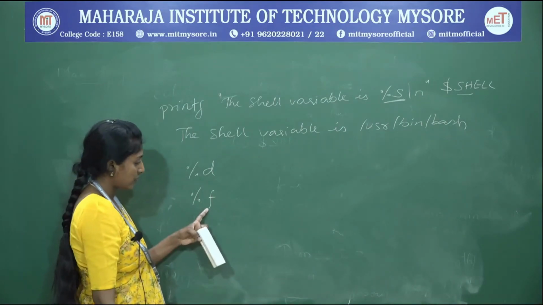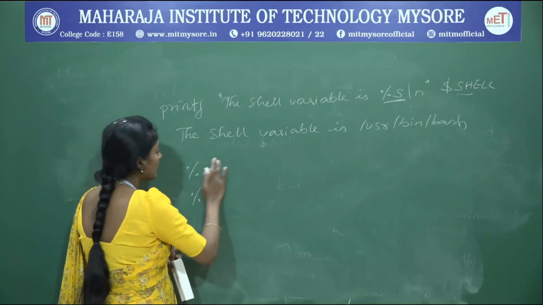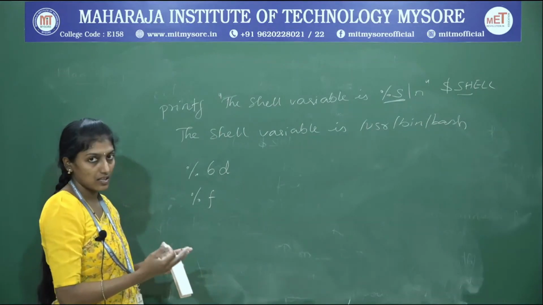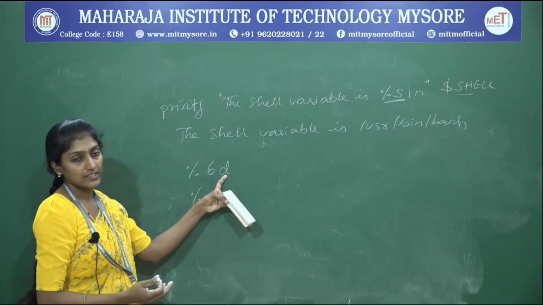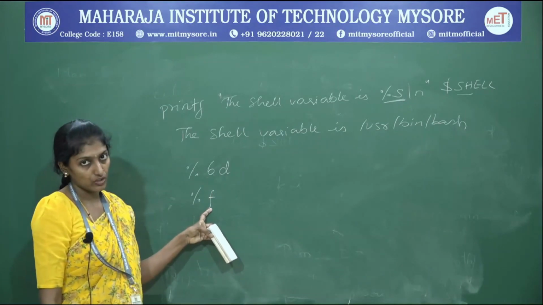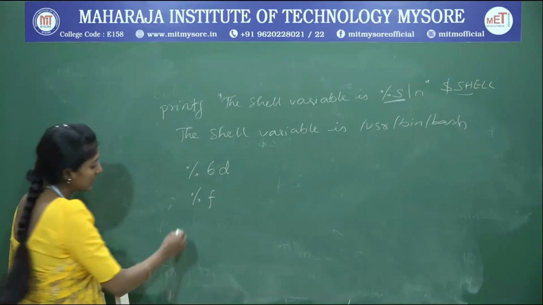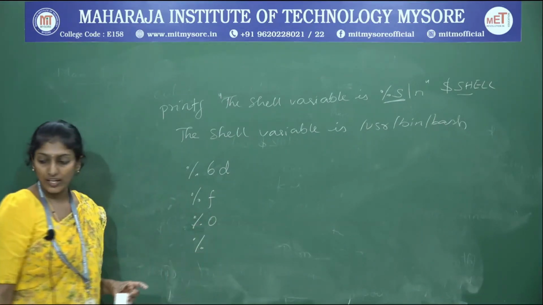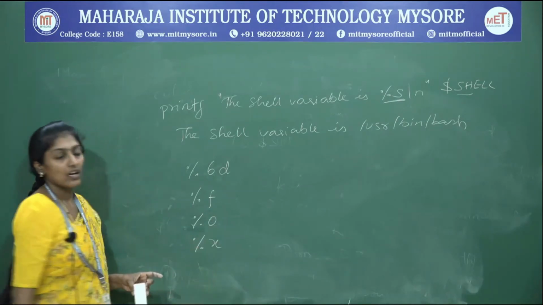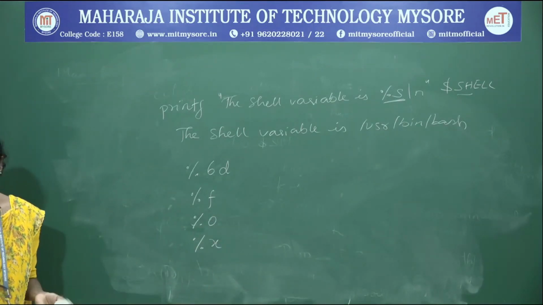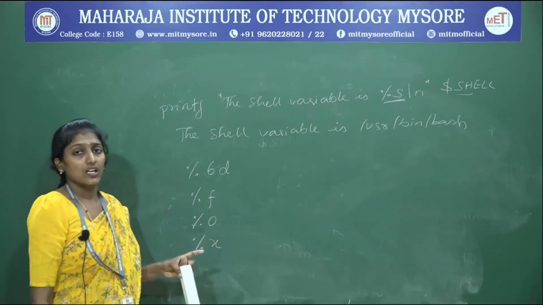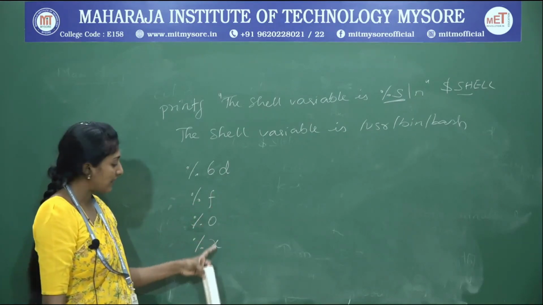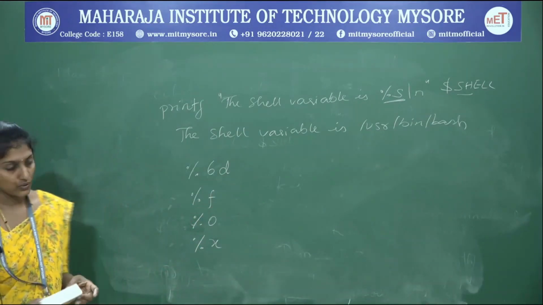For floating point numbers use %f, and if you give %6d, it is going to print a 6-digit value. Likewise for %f also. You can print octal values with %o and hexadecimal values with %x. So these are the format specifiers used in the Unix operating system: d for digit, f for floating point number, o for octal values, and x for hexadecimal values.